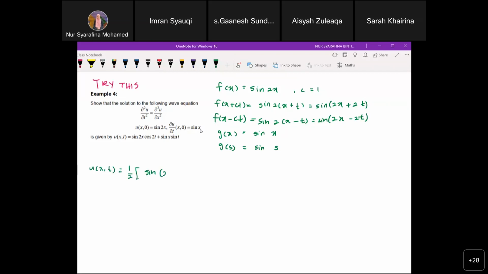sine 2x plus 2t plus sine 2x minus 2t, plus 1 over 2 integrate from x minus ct to x plus ct of g(s), right?